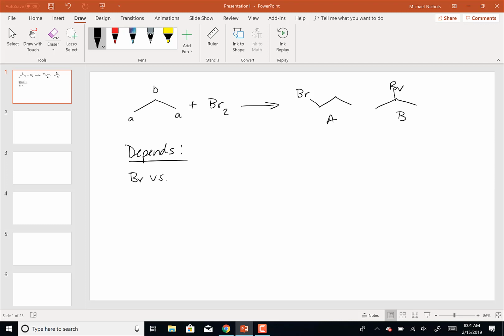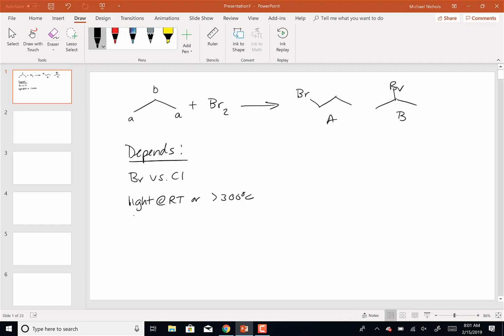And then also it's going to depend on whether we do the reaction with light at room temperature or we do it at greater than 300 degrees Celsius. So high temperature or relatively low temperature conditions.